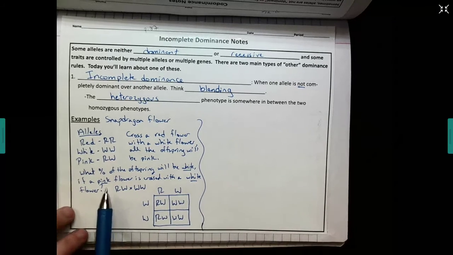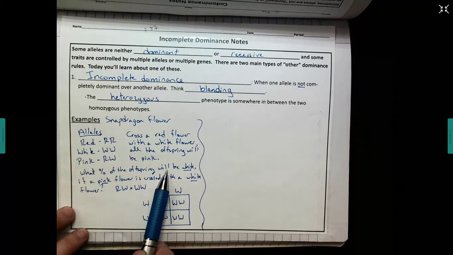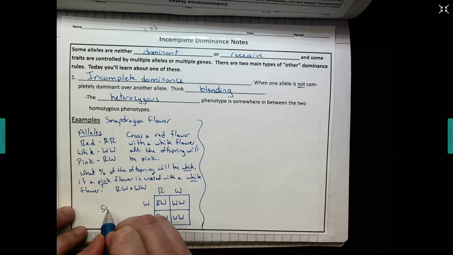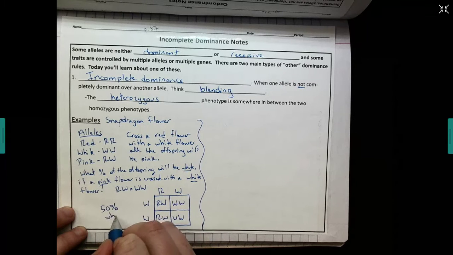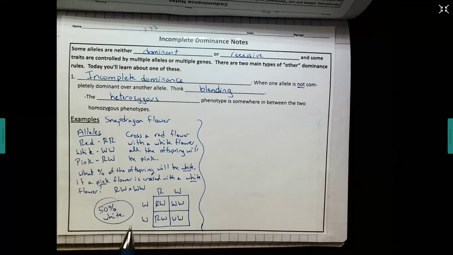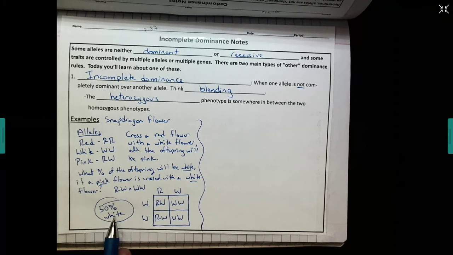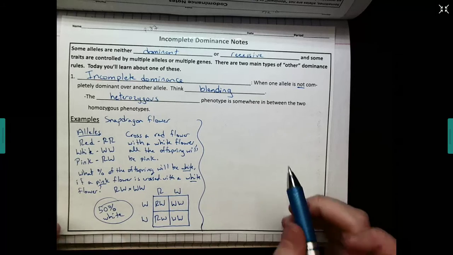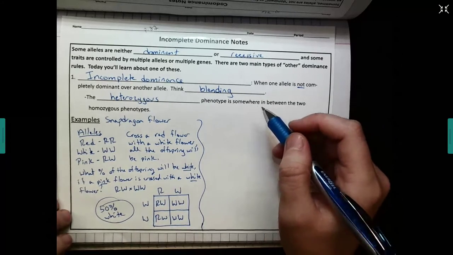So the question is, what percent of the offspring will be white? Well, 2 out of 4 of my Punnett square boxes show me white. So my correct answer is 50% will be white. So that is how incomplete dominance works. But let's do another example just to make sure.